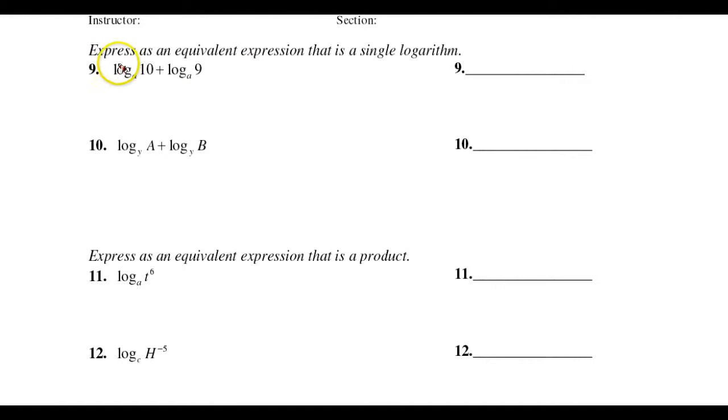Now, in this one, they want us to sort of revert from what we had before to what it might have come from, a single logarithm. So it will be log base A, then we put parentheses, and it would be 10 times 9. Now you could leave it this way theoretically, but you can actually do this multiplication.